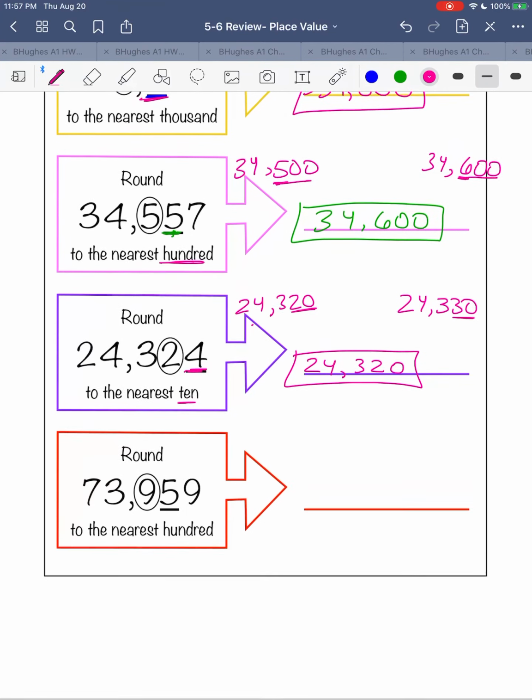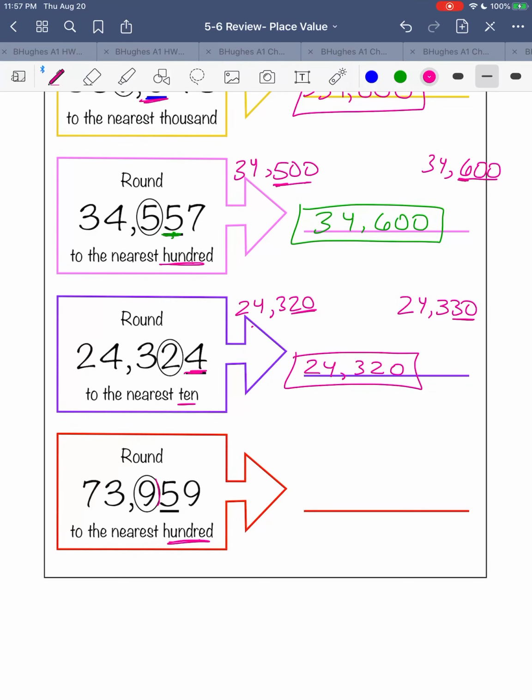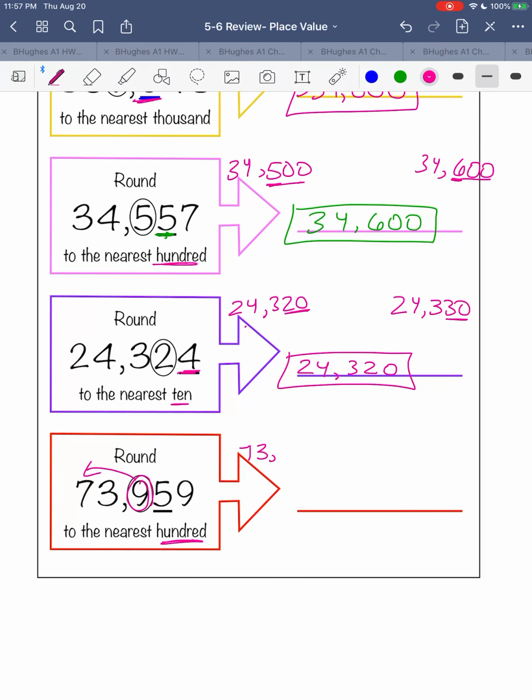All right, and then the last one, we're rounding to the nearest 100 again. So that means this part stays the same, 73,900. Or, now this is tricky, if you add 100 to 900, that actually bumps up to the next 1,000, which is 74,000. They're still only 100 away from each other, but we've just jumped up to the next 1,000, okay?